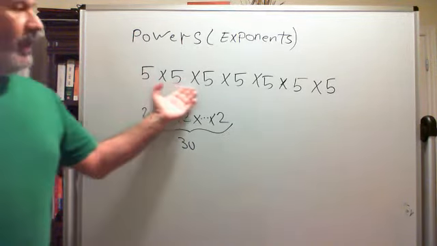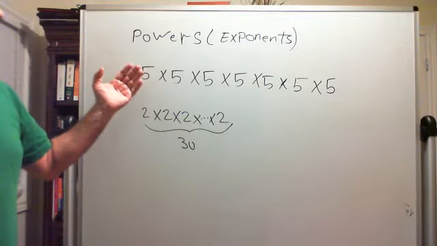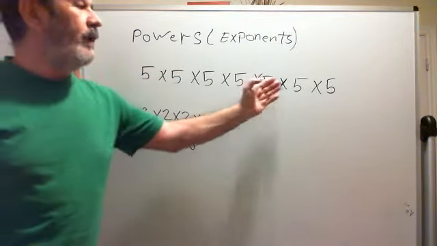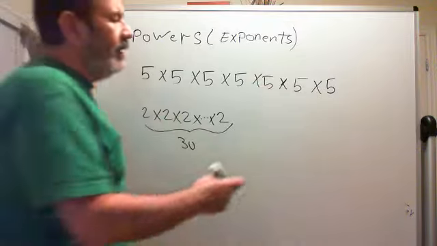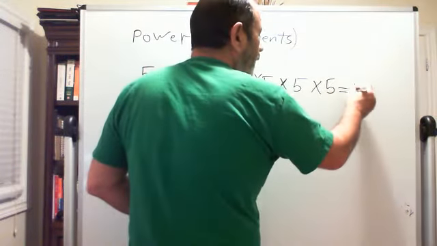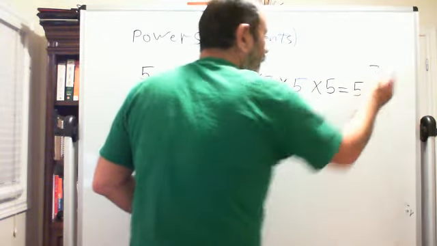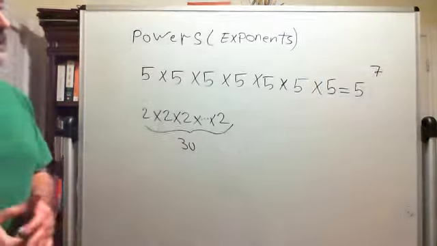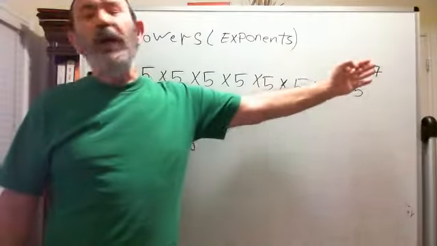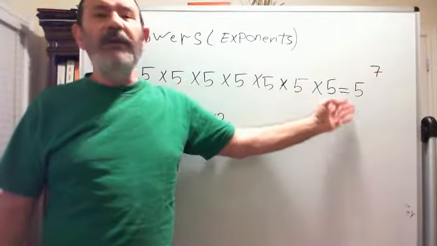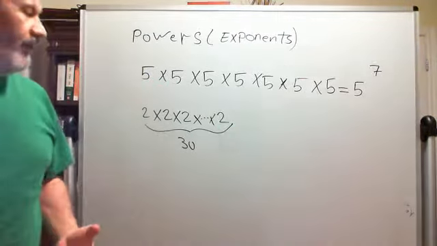Instead of multiplying 5 by itself 7 times, 1, 2, 3, 4, 5, 6, 7, I can write it as 5 and put a 7 at the top. And how do we read it? We say 5 to the power of 7. It means 5 multiplied by itself 7 times.